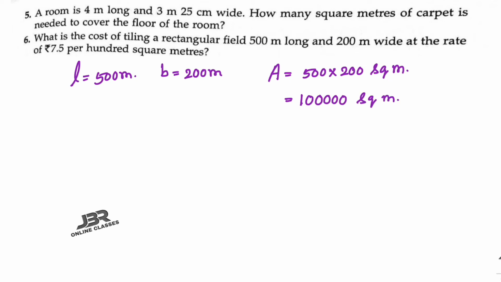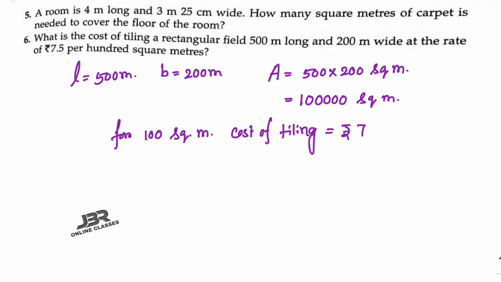Now here the cost or the rate for the tiling, that one equal to 7.5 per 100 square meter. So for 100 square meter, cost of tiling, that one equal to rupees 7.5. So for 1 square meter, cost of tiling will be 7.5 by 100.